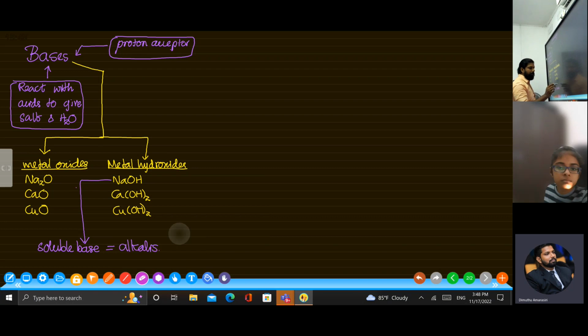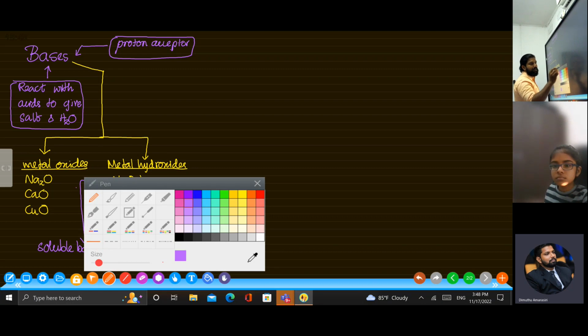Now these alkalis have special properties and important stuff that we need to know. If they ask what's an alkali, you can say it's a soluble base. But when it comes to alkalis, we have a definition. What's the definition of alkali?